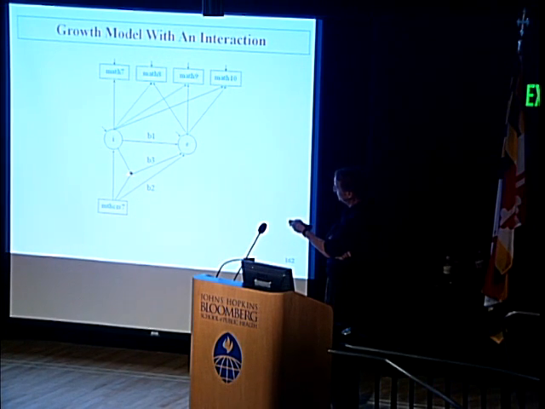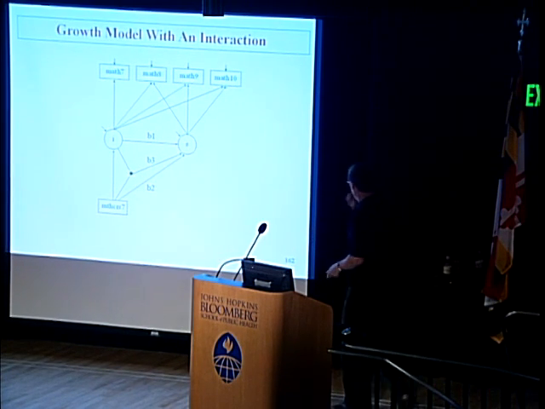And we note that that's shown as a filled circle. So we're saying that the interaction between the starting point and your course taking influences your growth rate. So you have the main effects here and here, and you have an interaction effect there.